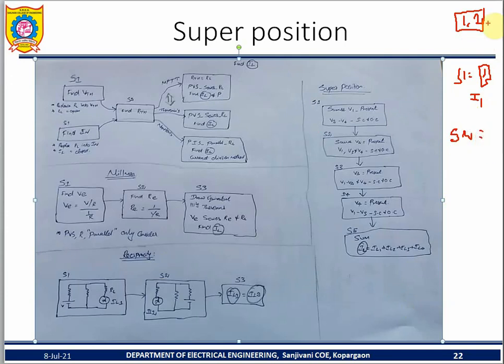Step 2: which roll number is present inside the class? Roll number 2 only. Find I2. Step 3: I is equal to I1 plus I2. That's all.